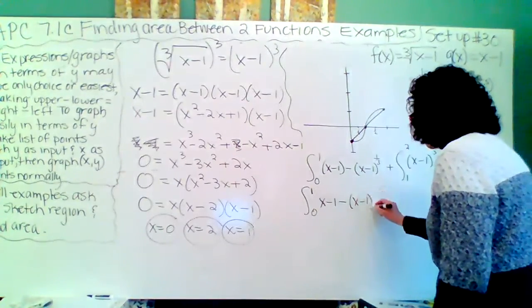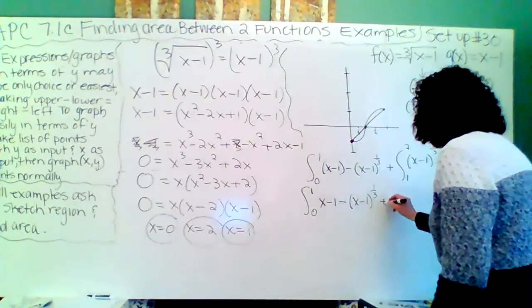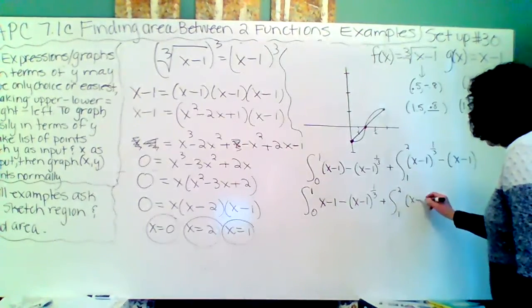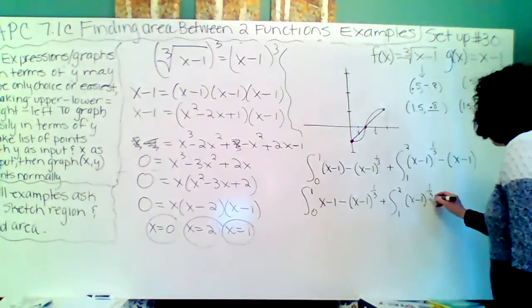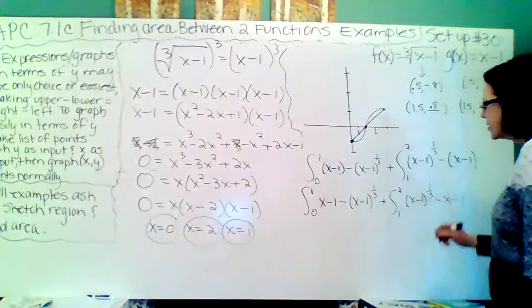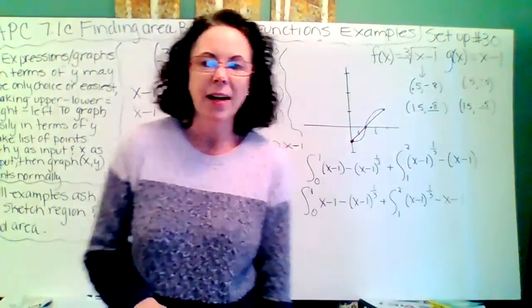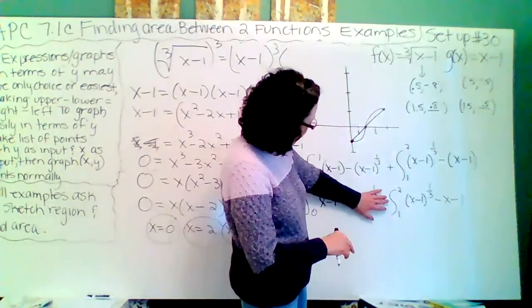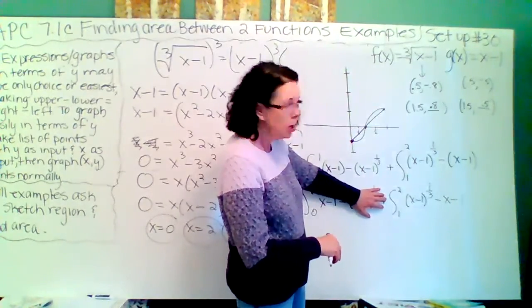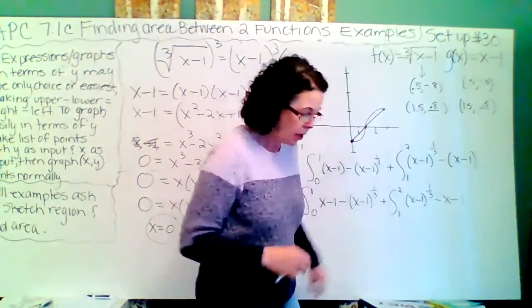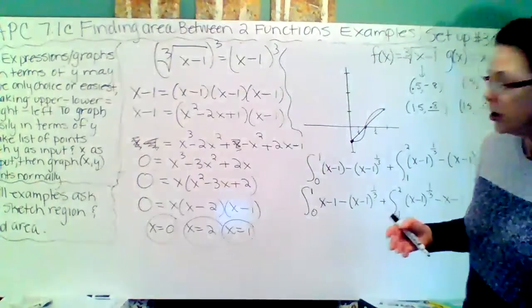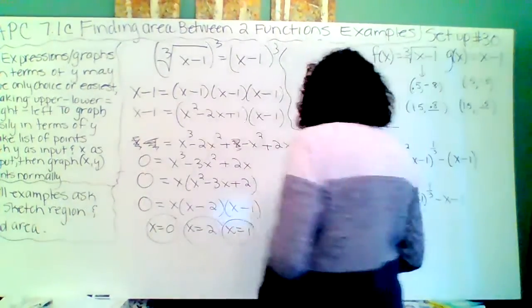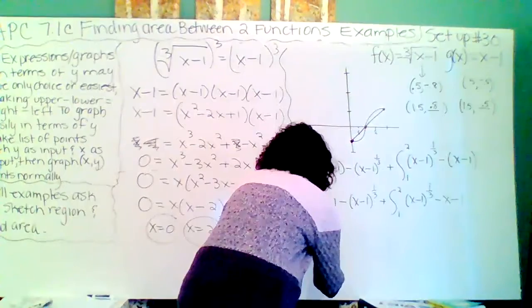Minus (x minus 1) to the 1/3, plus, from 1 to 2, (x minus 1) to the 1/3 minus (x minus 1). This is a crazy little thing. Again, due to symmetry, we could just do half of it and multiply it by 2, because they're both going to be positive when you do upper minus lower. But let's go ahead and integrate.